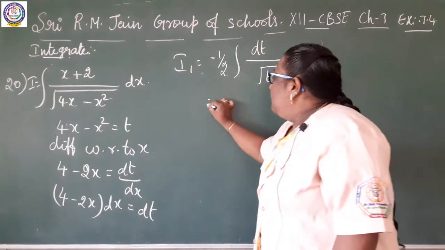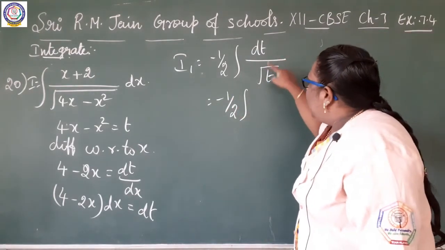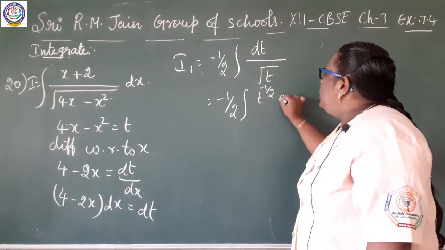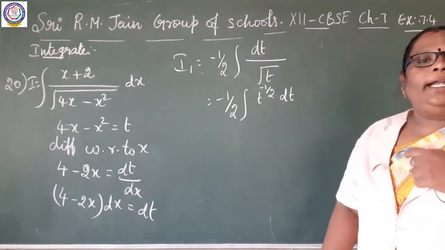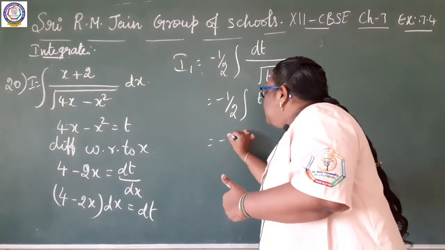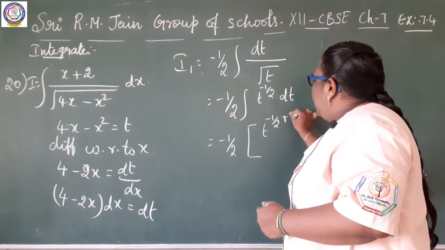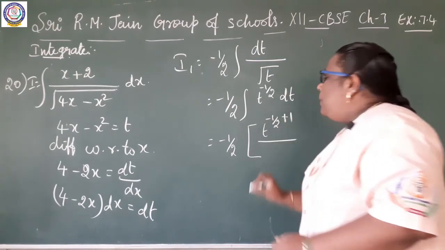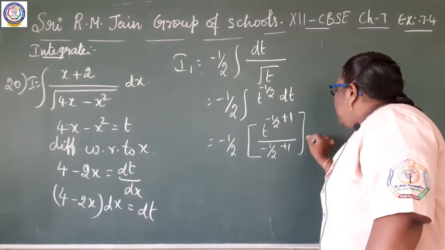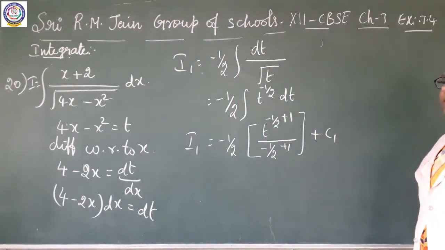So minus 1 by 2 into integral, you bring this value to the numerator, it becomes t power minus 1 by 2 into dt. What is the integration of x power n? x power n plus 1 by n plus 1. So it gives minus 1 by 2 into t power (minus 1 by 2 plus 1) by (minus 1 by 2 plus 1) plus C1.